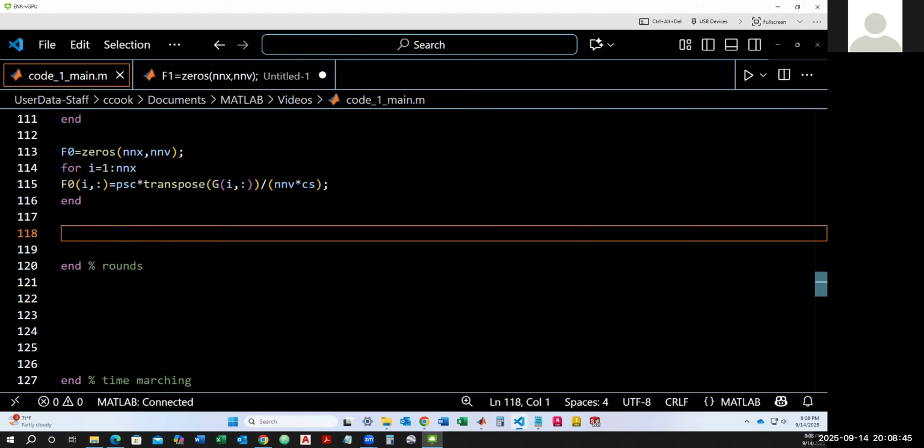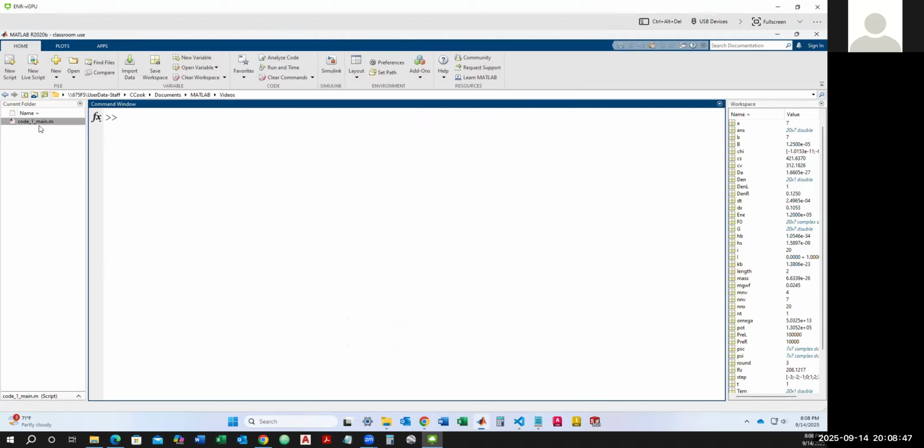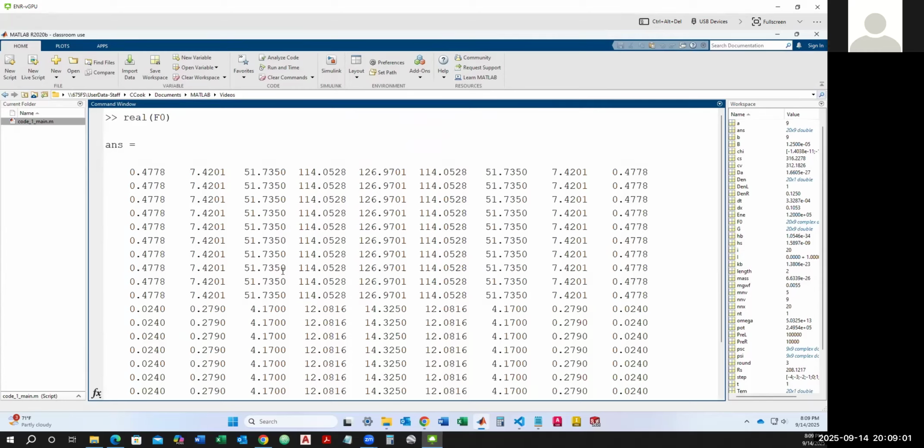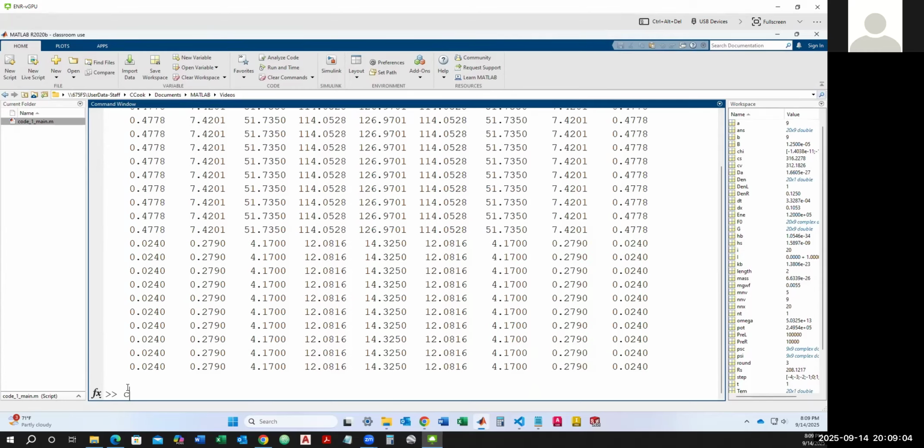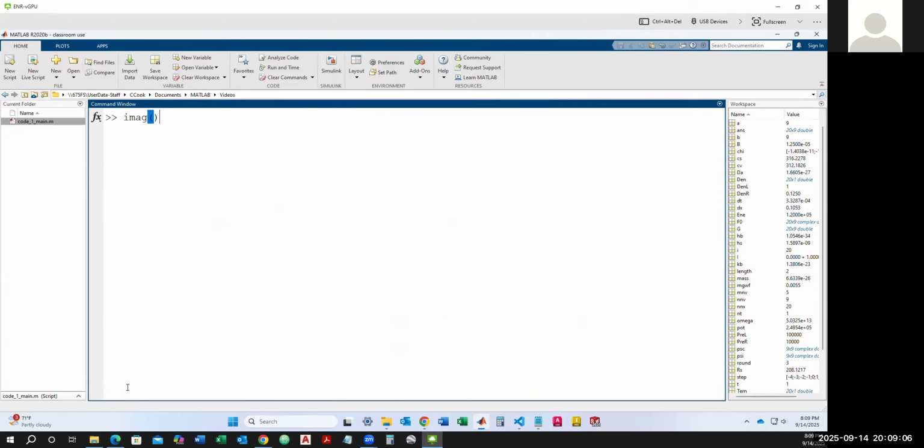I like to run my code as I go so that I make sure it's doing what I want it to do. So again, this is the total energy density velocity distribution. There's going to be some very small imaginary part right now. The initial velocity is 0.